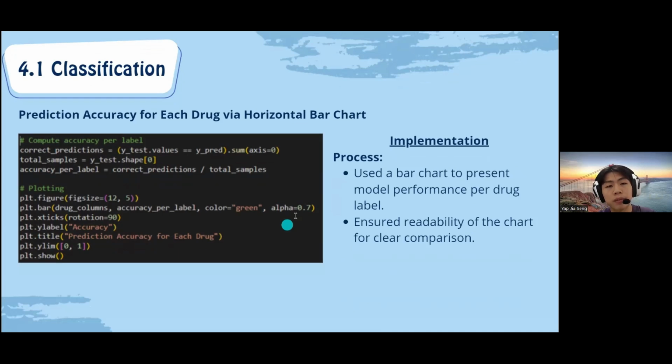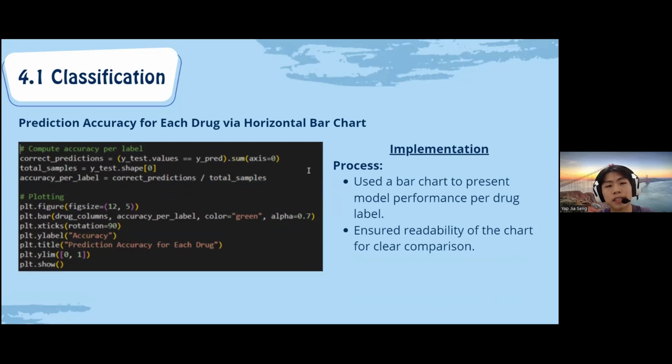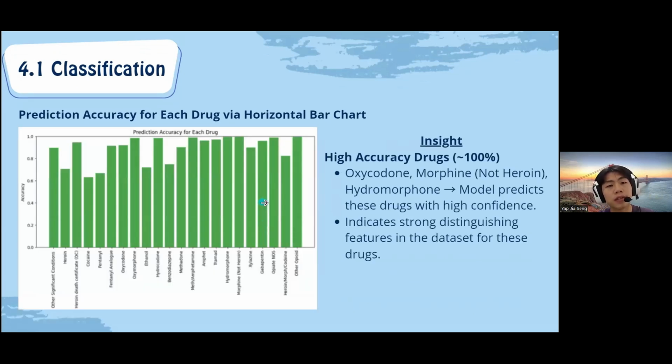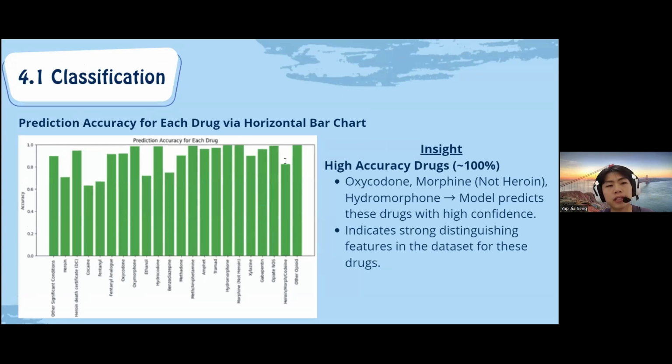In the end, we use a bar chart to present the result, ensuring the chart is clear and easy to interpret. So this is the result of the code, and we get some insights. High accuracy drugs like oxycodone, morphine, and hydromorphone have nearly perfect accuracy.